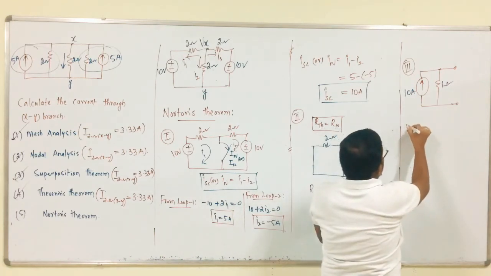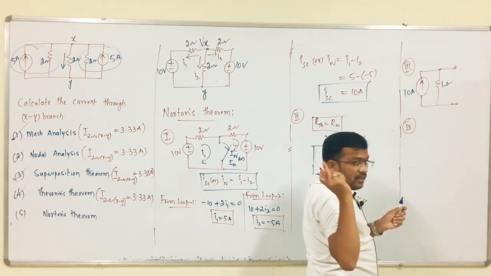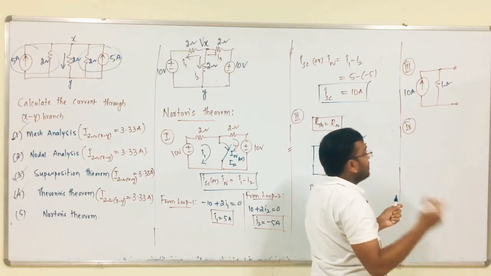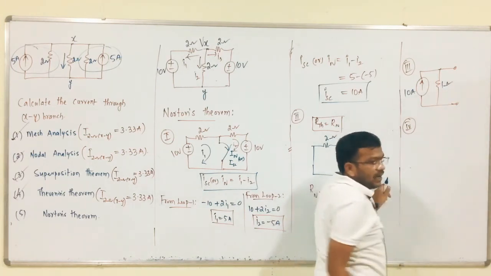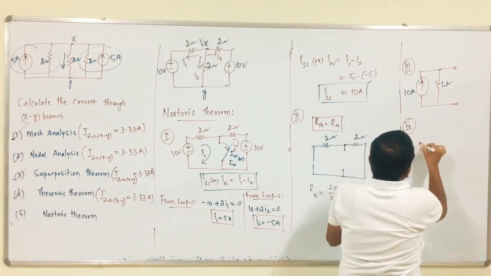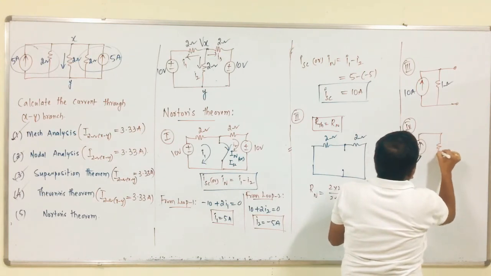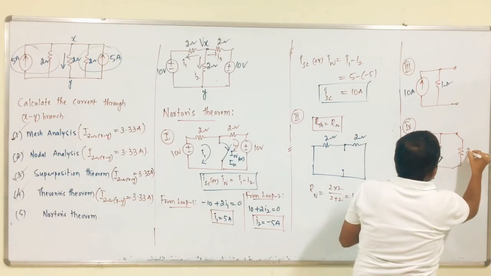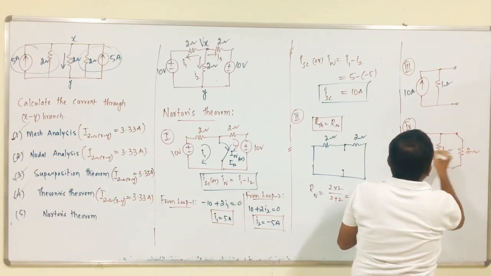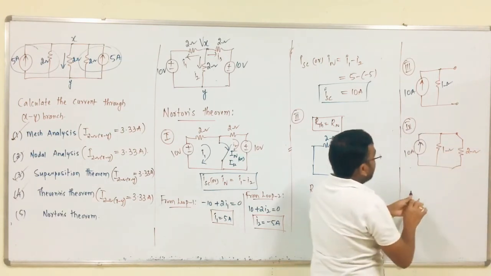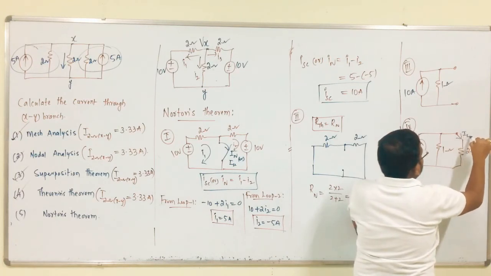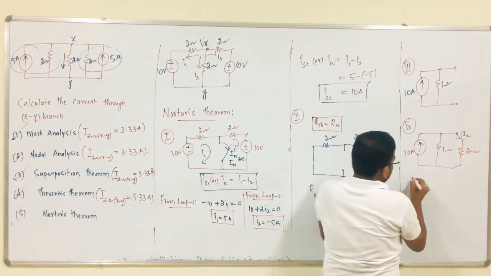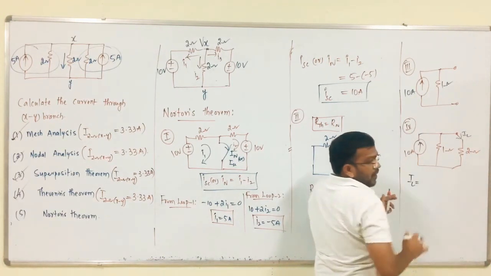Then step 4, that is reconnect that removed load resistance as it is between these two terminals and calculate the load current. So this is 2 ohm, this is 1 ohm, this is 10 amps, and we have to calculate the current through this, and that is IL. Apply current division principle.